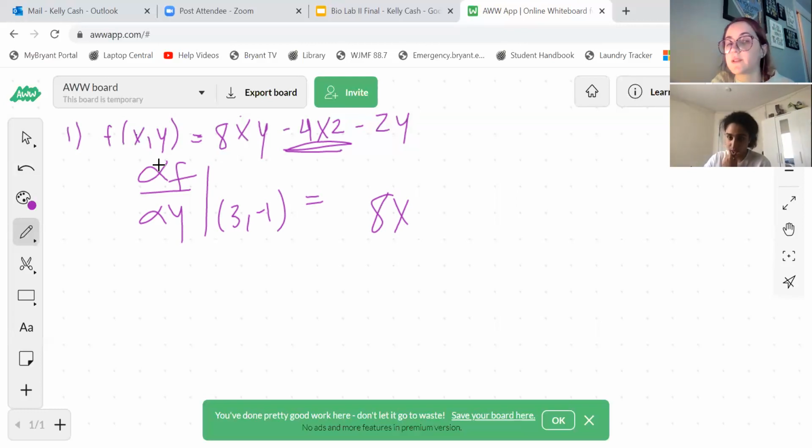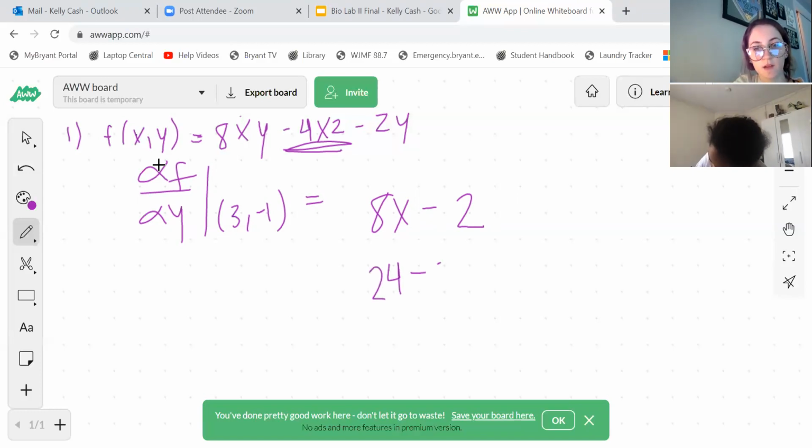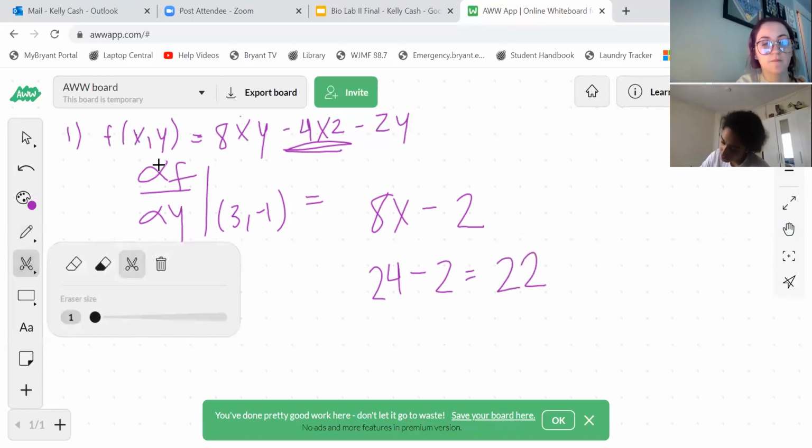That goes out because it's a constant. The derivative of a constant is just 0, because there's no y with it. But then this 2y just becomes -2. So that's the derivative for that. Then you plug in the 3 and the -1, but there's no y, so you just plug in the 3, really. And 22. Yep, perfect.